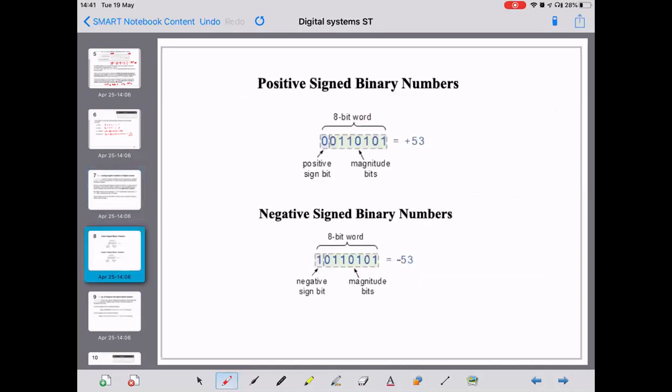So if we take an 8-bit word, the 7 least significant digits of that word represent the magnitude of the number, in this case 53. The fact that the most significant bit is 0 indicates that it's a positive 53.